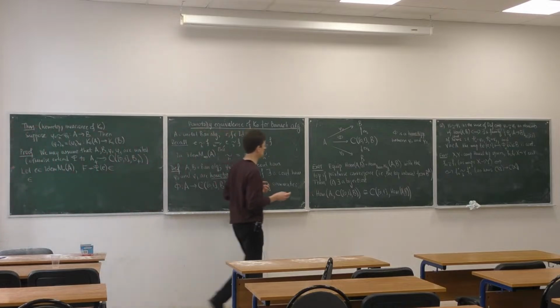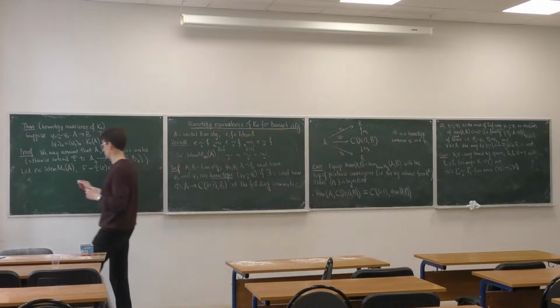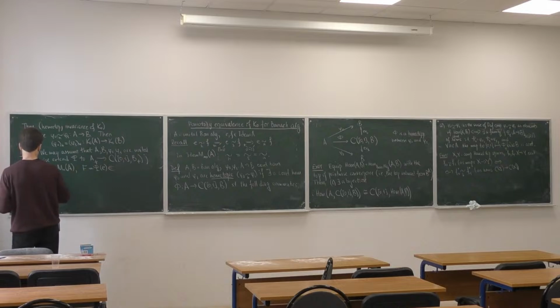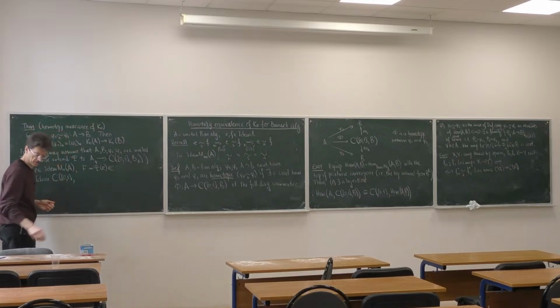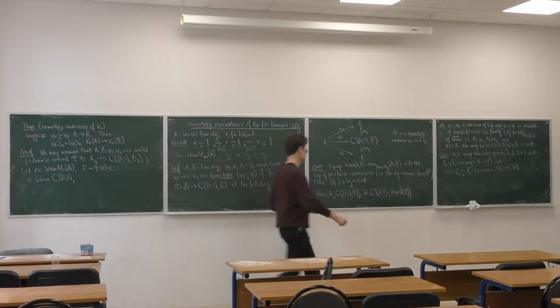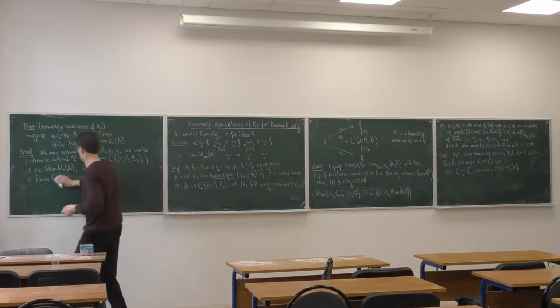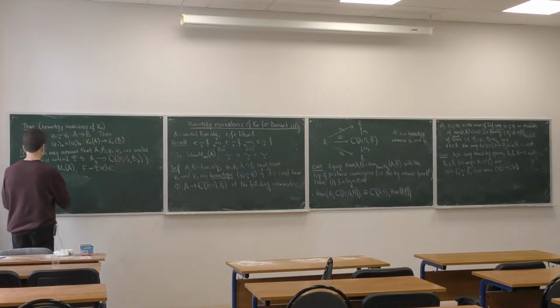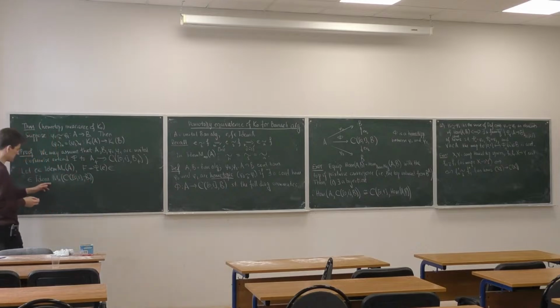It sits in the n by n matrix algebra over this algebra. So this is an idempotent in the algebra of continuous B-valued functions, in the matrix algebra over the algebra of continuous B-valued functions on 0, 1.